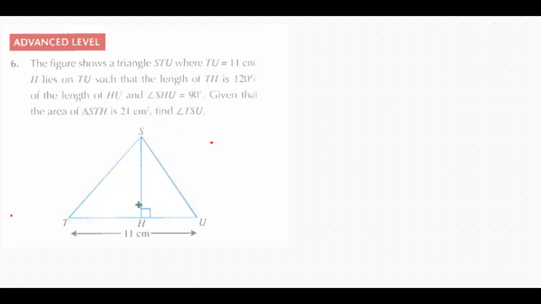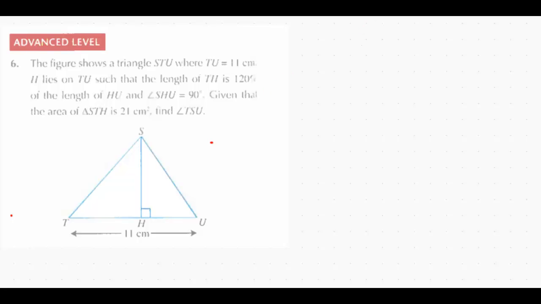SHU 90 degree is mentioned in the diagram. Given that the area of triangle STH, the area of this triangle, is 21 centimeter square. Find the angle TSU. This is the question.